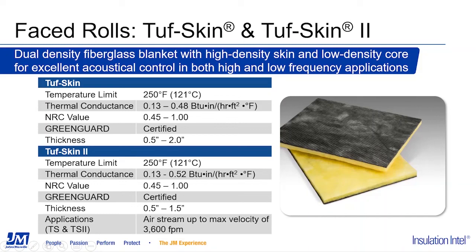They have the same NRC values. ToughSkin 2 is also GreenGuard certified. This product is available from 1/2 to 1.5 inch, and both are designed for airstream applications with a maximum velocity up to 3,600 feet per minute, or FPM.